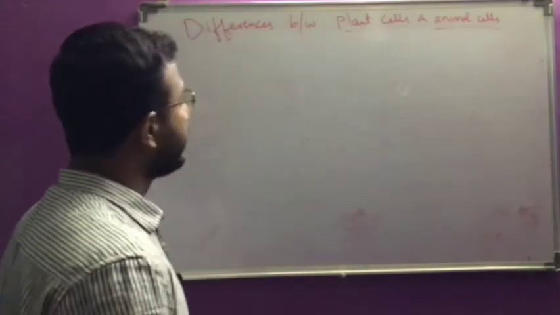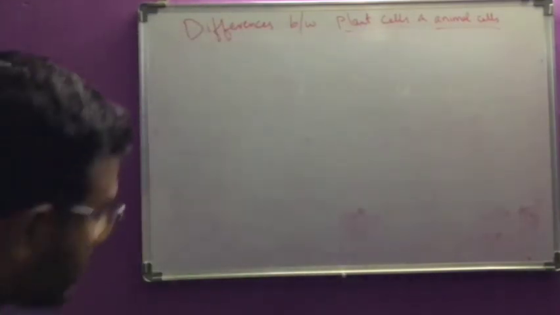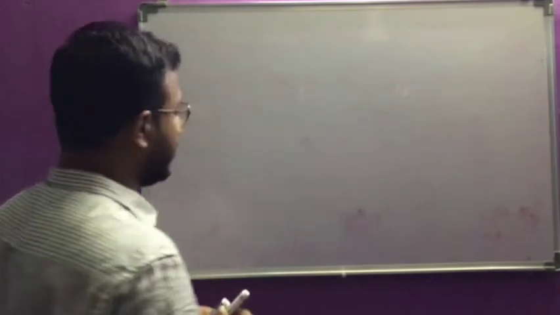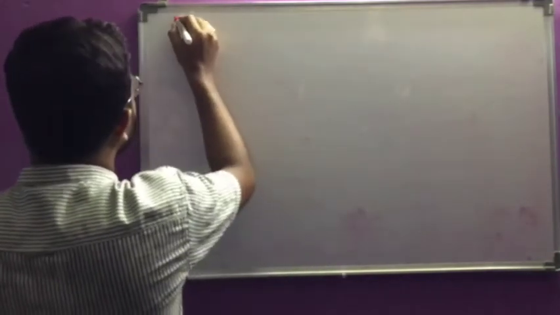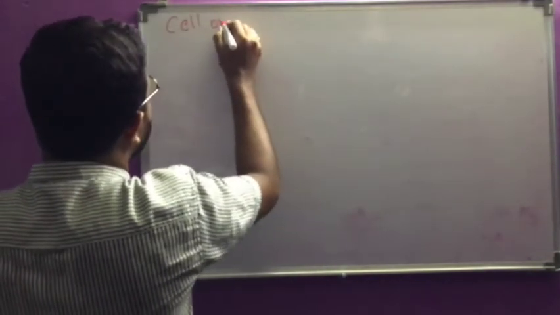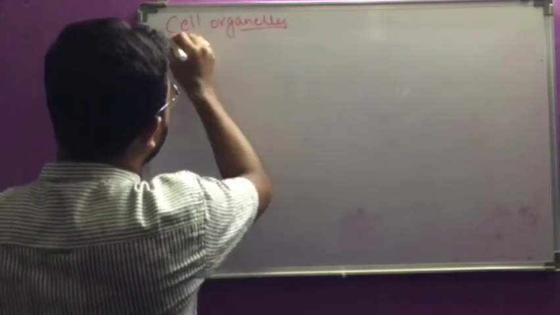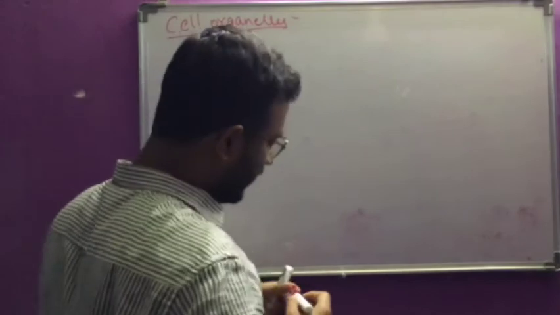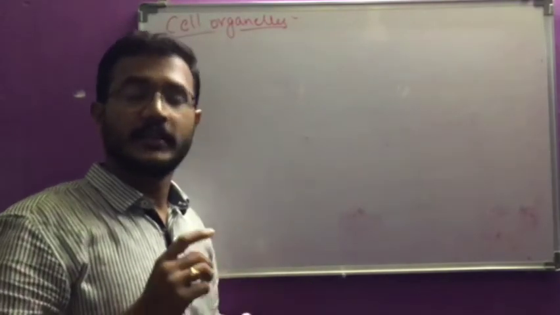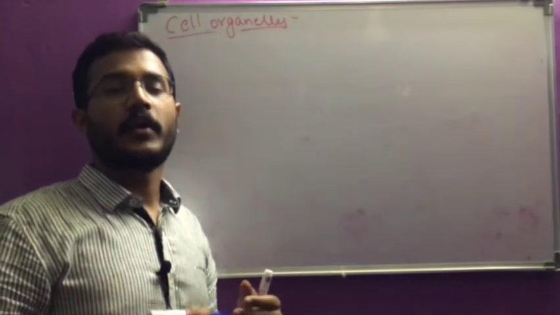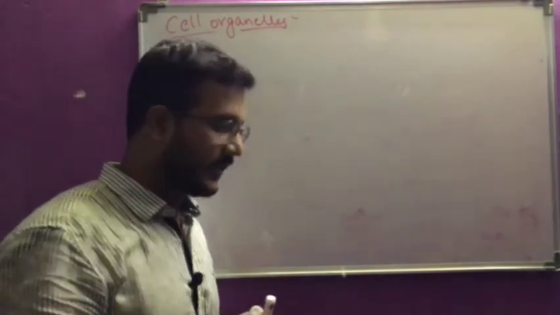So in the next topic we will discuss the different types of organelles present in a cell. Those are known as cell organelles. What are the different cell organelles? We will discuss one by one, their structure, their significance and their functions in detail.